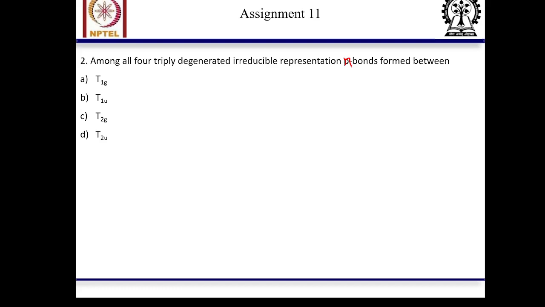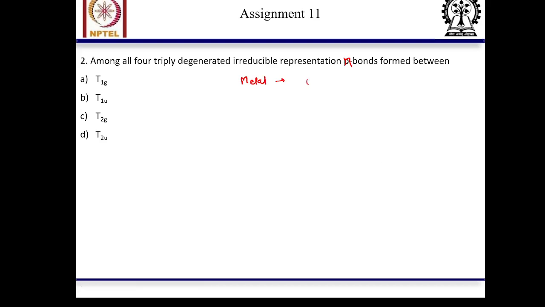Okay. Now let me explain what the correct answer is and how we know that. First we will see what orbitals are available on the metal.